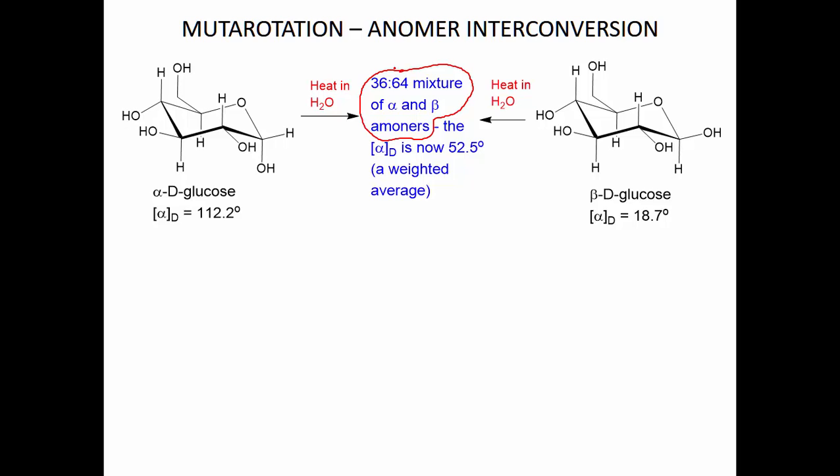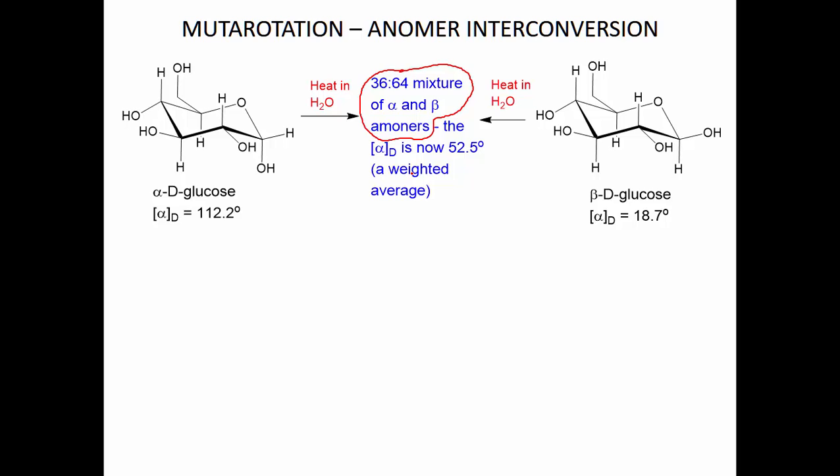If you start with pure beta-D-glucose, you get a mixture that's also 36 to 64, mostly the beta form. The specific rotation that you'll observe is now 52.5 degrees, which is a weighted average reflecting that most of this is the beta form, and you see that it's closer to 18.7 than it is to 112.2. That's because there's more of the beta form.